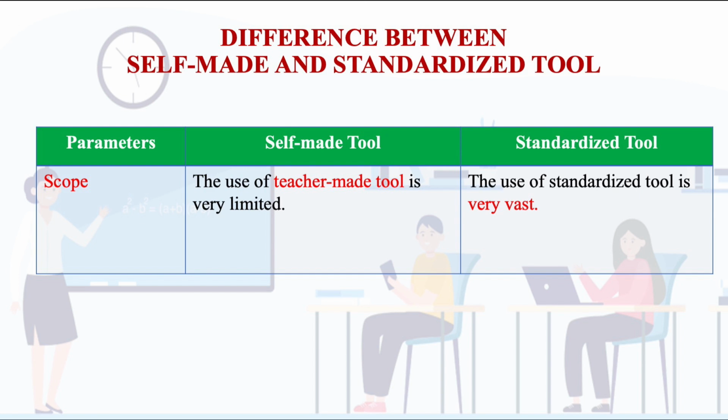Whereas the use of a standardized tool is very vast, because it is not limited to a particular group of students and it is not limited to a particular place. It can be used at any place, at any time, and for any group of learners, but the standard of learners and subjects should be the same.